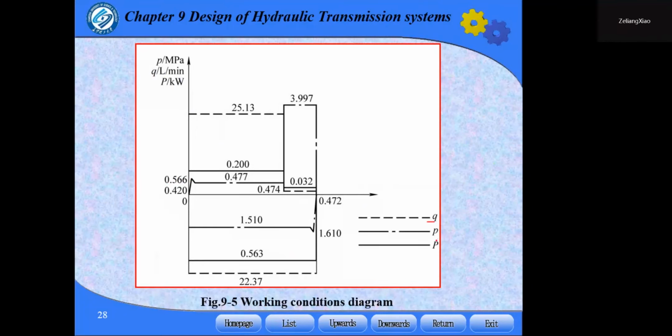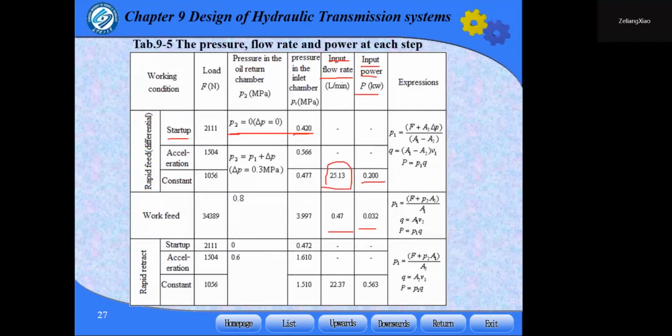This is the flow rate, the pressure, the power. This is the flow rate. Flow rate is this curve. You see the flow rate here.